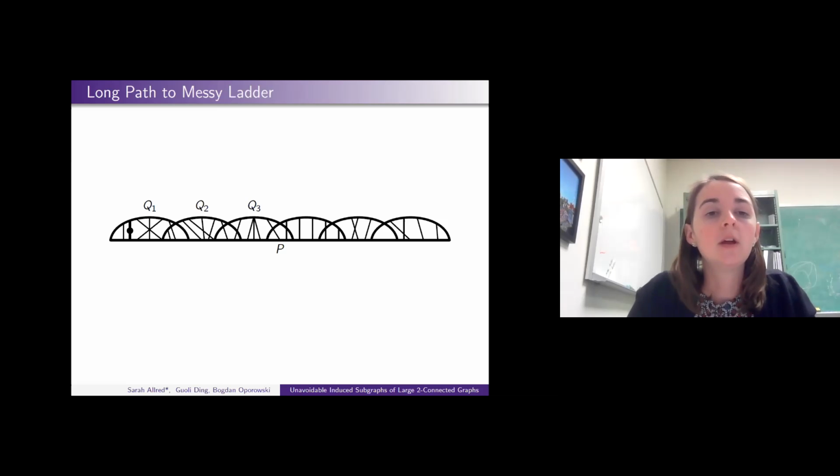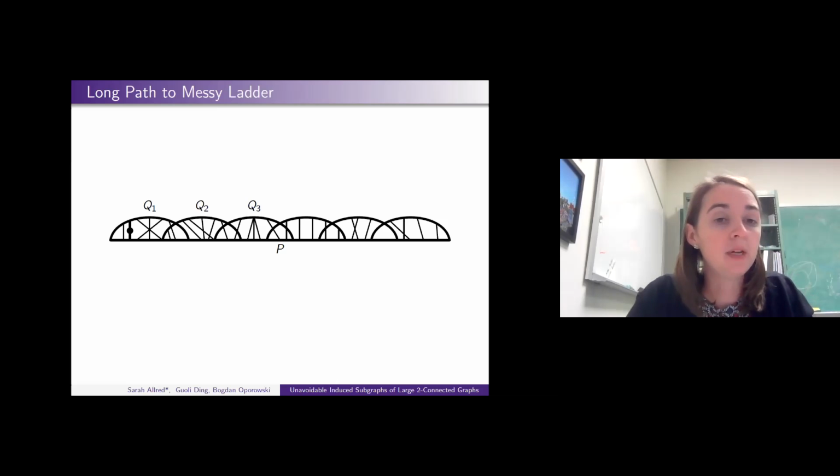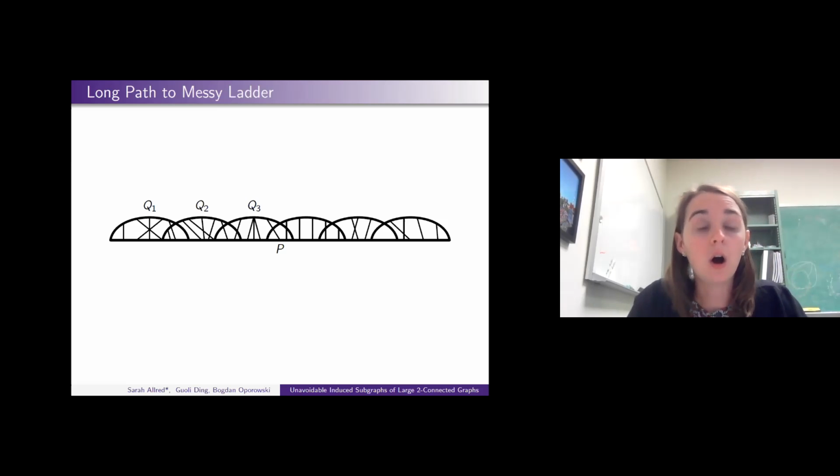All right, so if we look at Q1, if in G there happened to be some path from Q1 to P, we can just delete the internal vertices of that path and be looking at a graph like this. Okay, so what we're assuming now is that what we see here are all of the vertices that we have to deal with. Okay, the next thing we're going to think about is this red path.